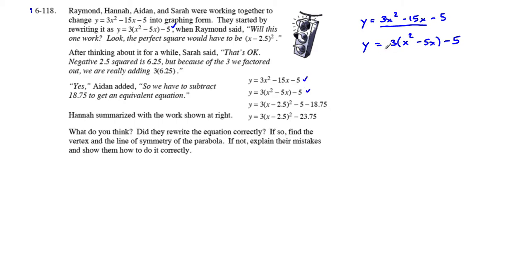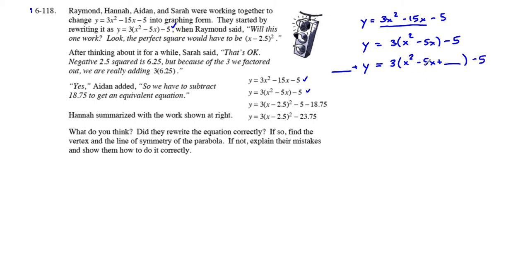The next part is they needed to complete the square, and this is where I do it a little differently. Maybe my way is not as good as theirs, but I know I get it right. I'm going to add something to each side. I'm going to do 3 times the quantity of x squared minus 5x plus something that's going to complete the square, minus 5.